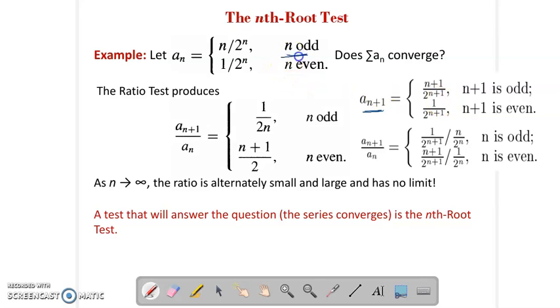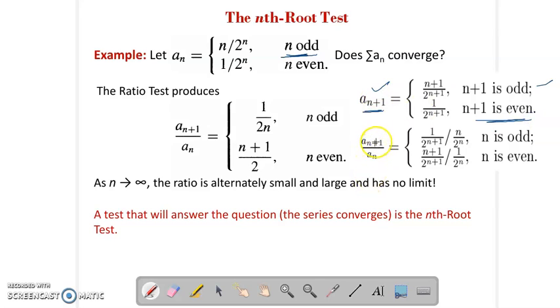Now when n plus 1 is odd, right? Likewise, an plus 1 when n is even. When n is even, n plus 1 here, 1 upon 2 to the power n plus 1, when n plus 1 is even. This is an plus 1. Okay. Now you see this ratio an plus 1 by an.